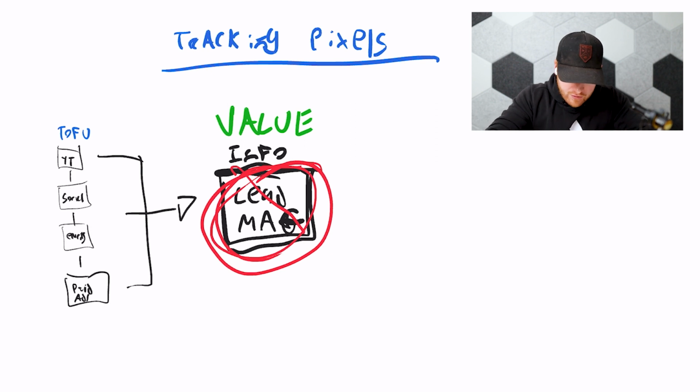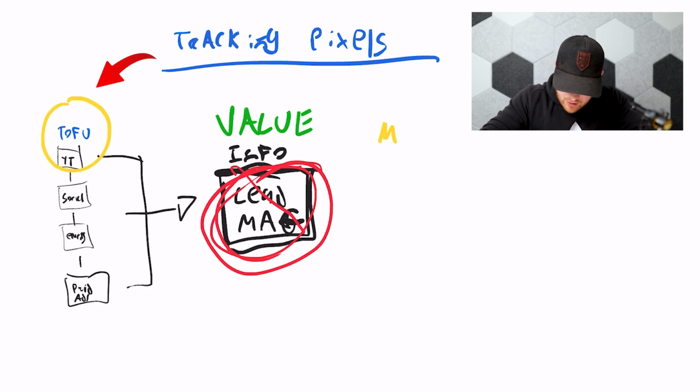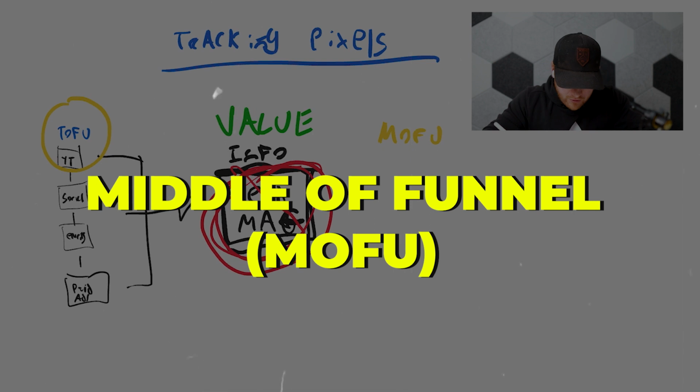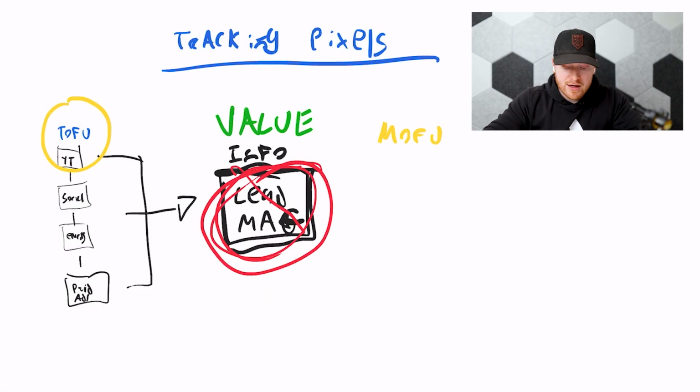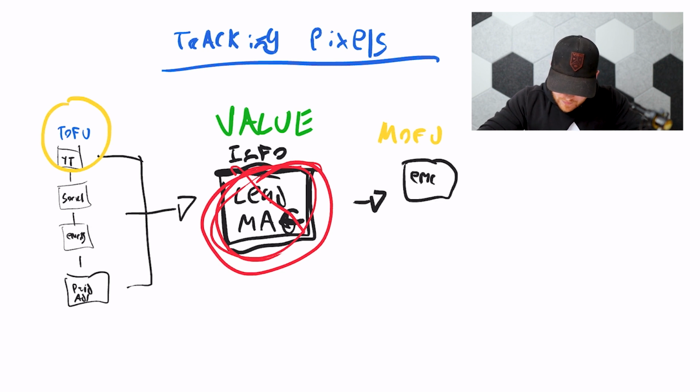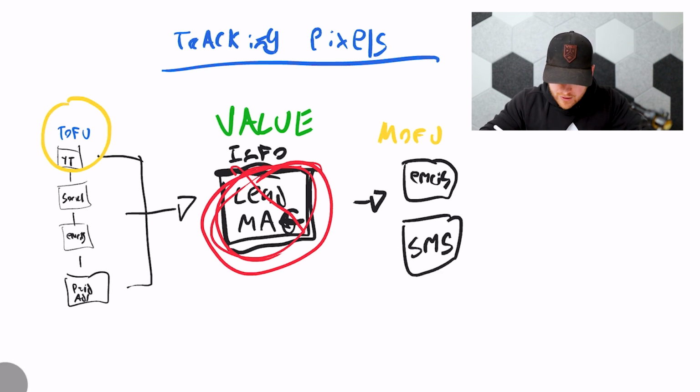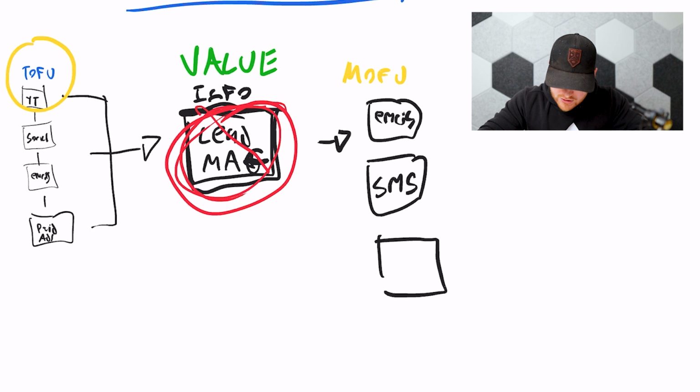We have TOFU over here. Now we're going to talk about MOFU, middle of funnel. What we're going to do here is reestablish our traffic sources. Typically, this is going to be things like emails, because they've opted in here. They've probably given us their email address. SMS, if you asked for their phone number. And of course, our paid ads.